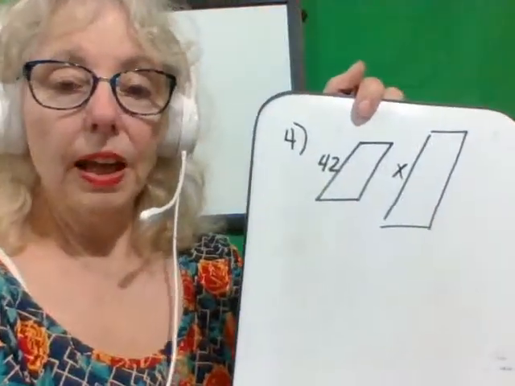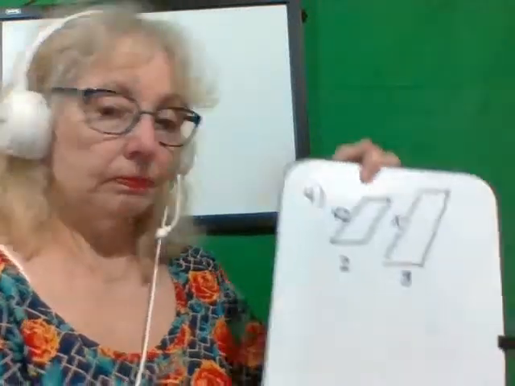All right, now we're going to look at example 4. I have a small parallelogram. That side is 42. Have a larger parallelogram. This side is X. And the problem tells me that there's a scale factor of 2 to 3.